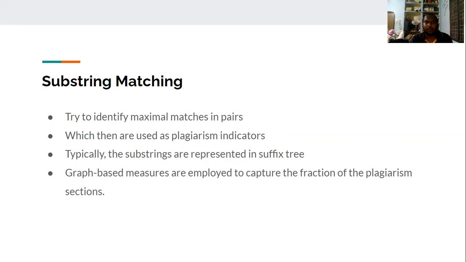Typically, the substrings are represented in a suffix tree. Graph-based measures are employed to capture the fraction of the plagiarized sections. The disadvantage is that sometimes the same things will be matched in the page without plagiarism occurring. This is the disadvantage of substring matching.